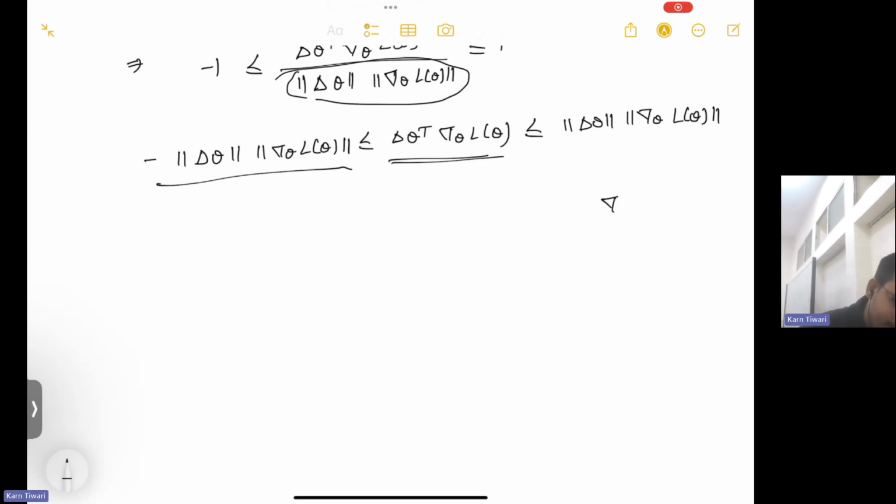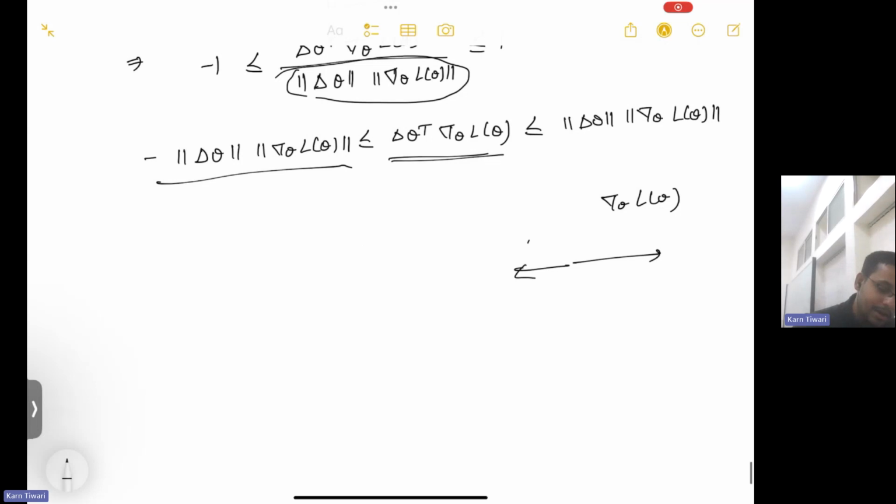See, del theta L theta is the direction of this thing. The dot product of two vectors achieves its lowest bound when the angle between the two vectors is 180.